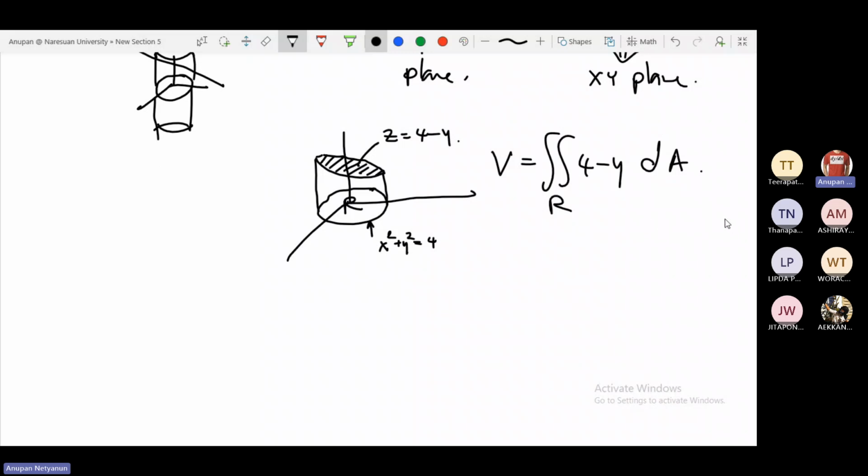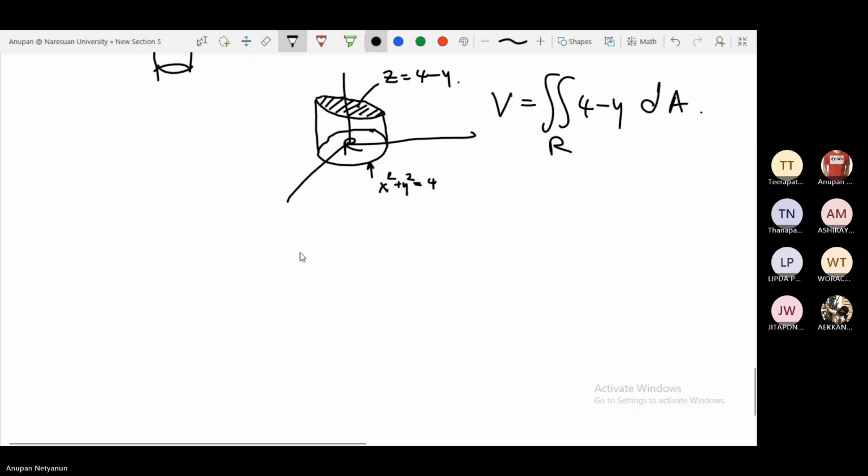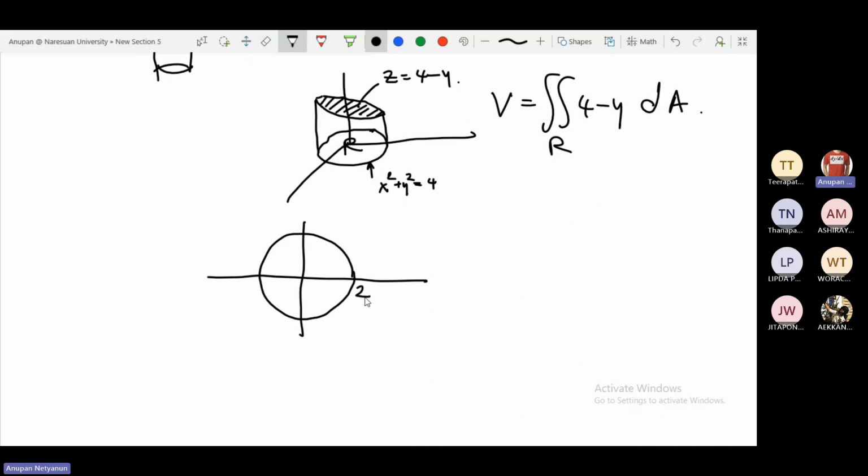So let's look at your region, which is on the XY plane. There is a circle of radius 2. See? Okay. And since it's a circle, I might want to change it into a polar coordinate system.